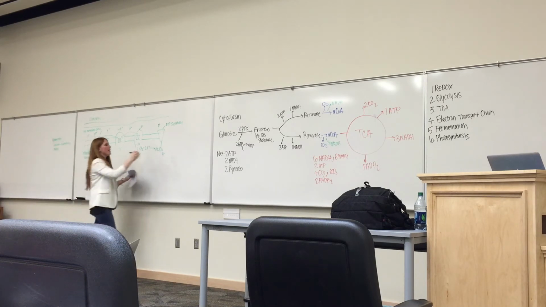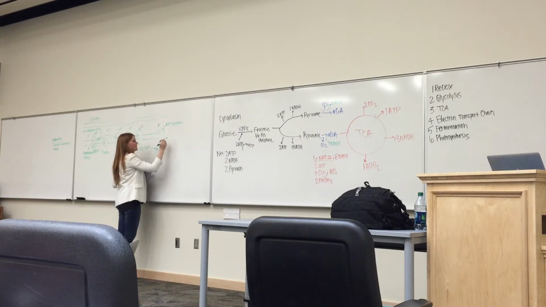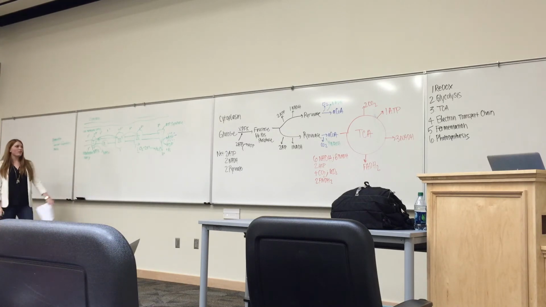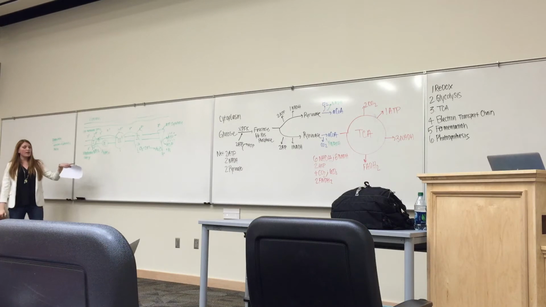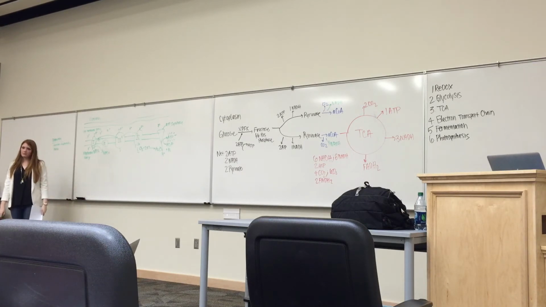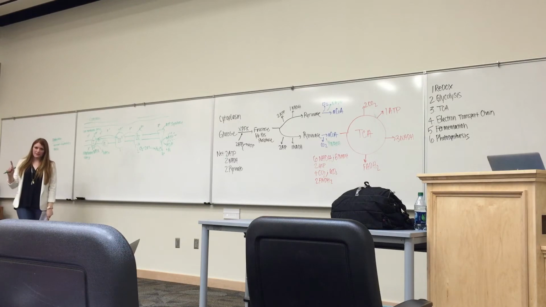So it spins, and that facilitates an ADP to combine with a phosphate to make ATP. And here is our energy we want. So one molecule of NADH makes 3 ATP, and one molecule of FADH2 makes 2 ATP.